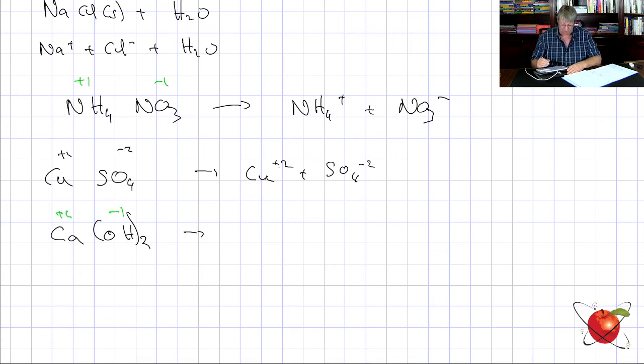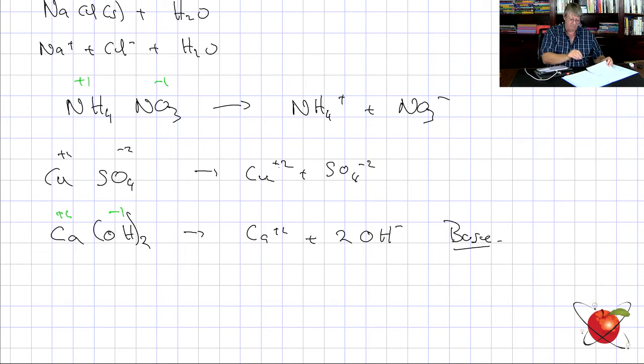When that goes into water, what do we get? Technically, it's going to go into Ca2+, and we're going to have 2 OH- in the water. So when we put that into water, we are going to have OH-, which means we're going to have a base in the water, correct?